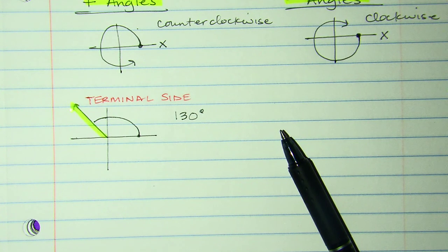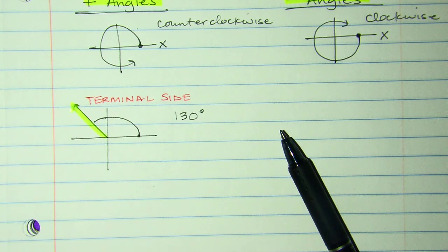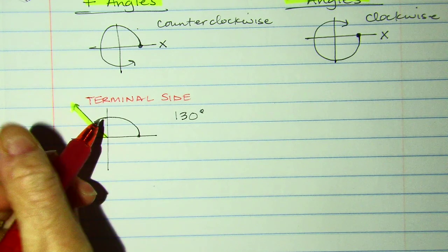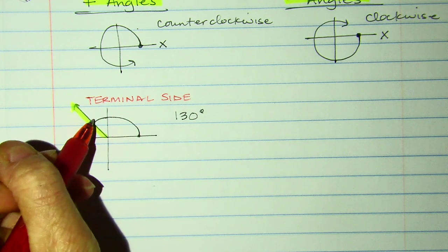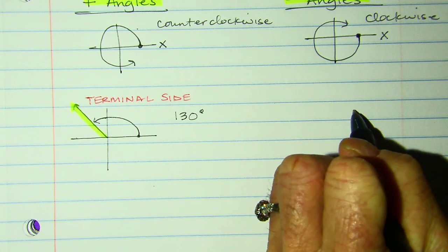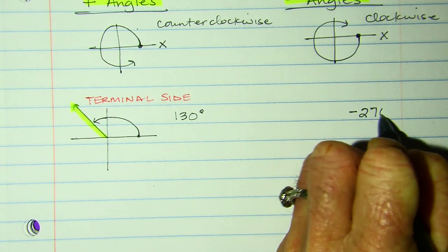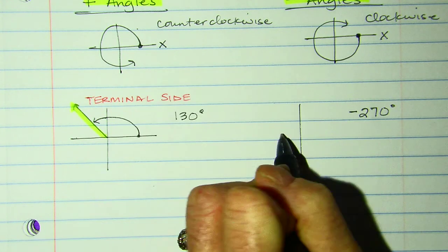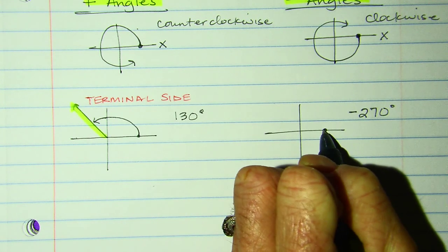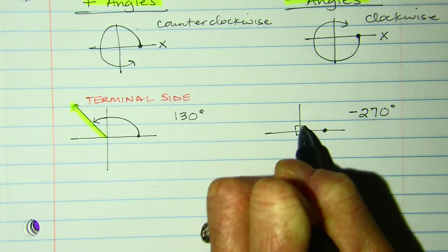So if this angle represents 130 degrees, notice because it's positive 130 degrees, I rotated counterclockwise. So that's super important. If I said draw negative 270 degrees, we start at our x-axis. Now I know each of these is a 90-degree angle.